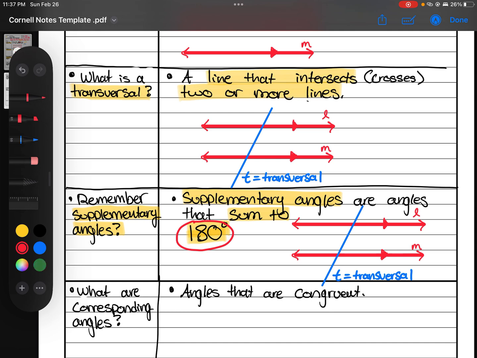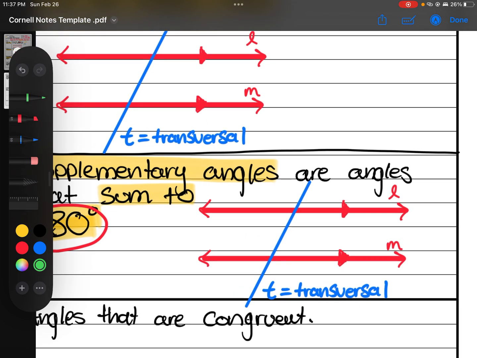So if I go ahead and look at this drawing here, I know that a straight line makes a 180 degree angle. So if I tell you that this angle is 120 degrees, we can find this missing angle simply by doing 180 degrees minus 120 degrees. That would give us a missing angle measure of 60 degrees.